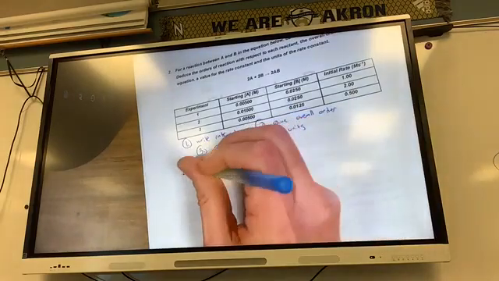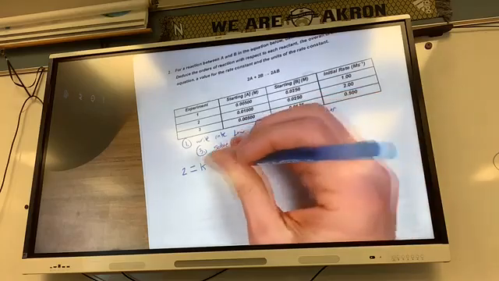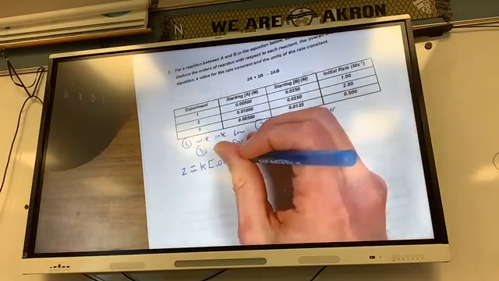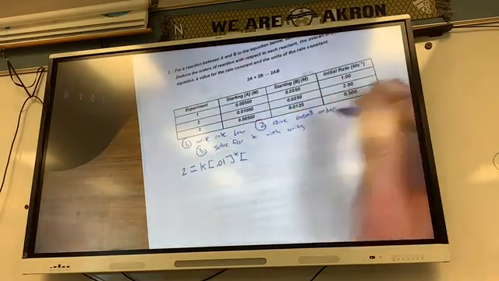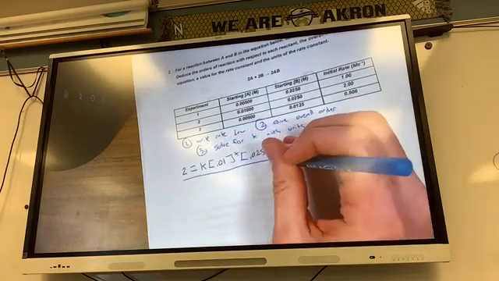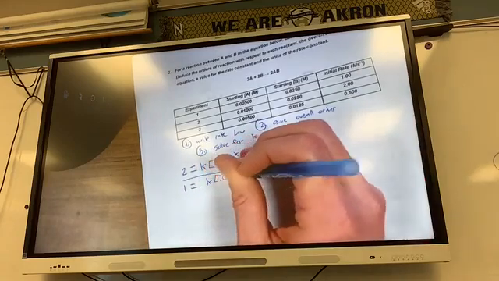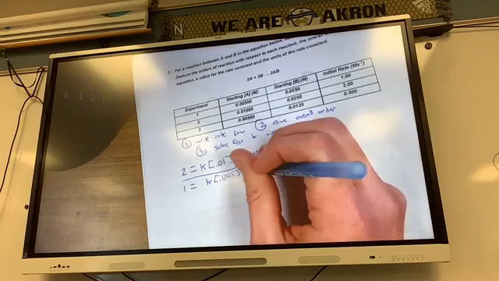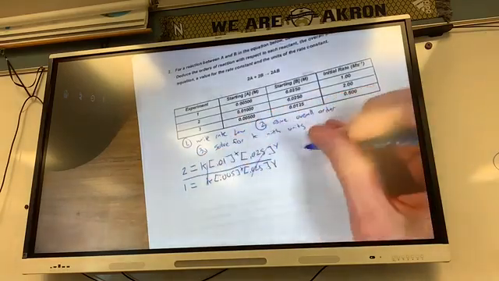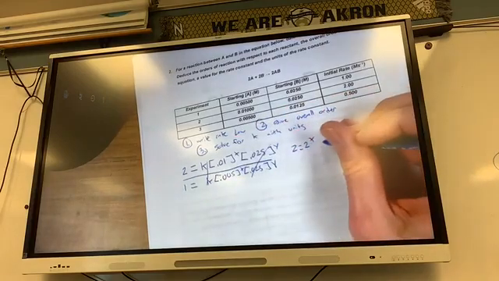I'm going to do the Matthew way just so you guys can see it one more time. So 2 equals 2x.